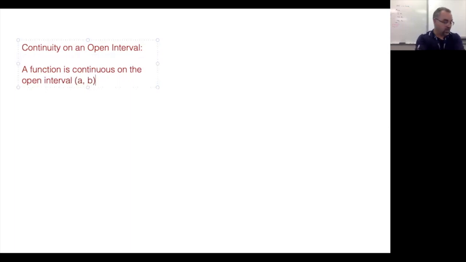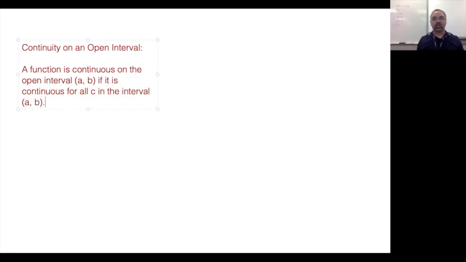So continuity on the open interval is pretty easy to define, because all we say is that a function is continuous on the open interval a to b if it is continuous for all c in the interval a to b.